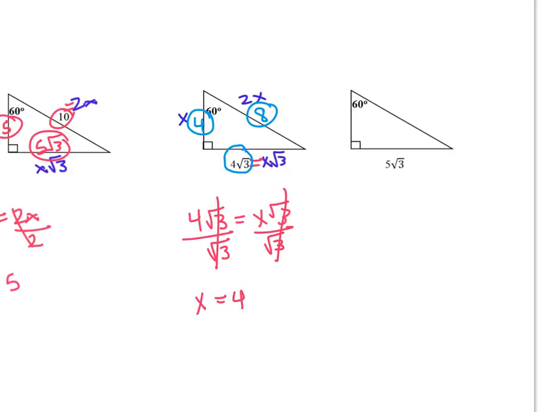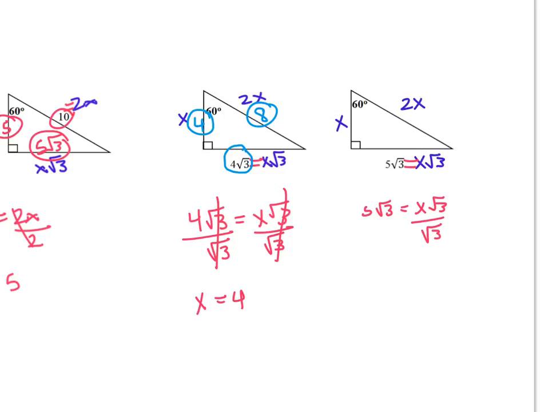These are so fun. All right, so we start by labeling our triangle. Across from the 60 degrees is your x root 3. Your hypotenuse is 2x, and across from the 30 is x. Then you put in your equal sign, gives you an equation. 5 square root of 3 equals x square roots of 3.